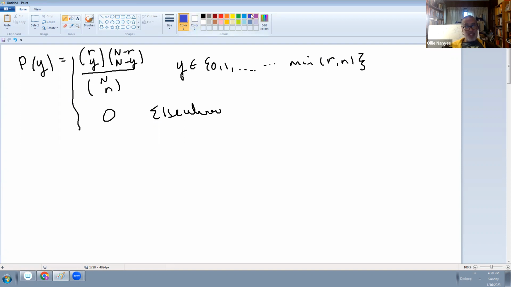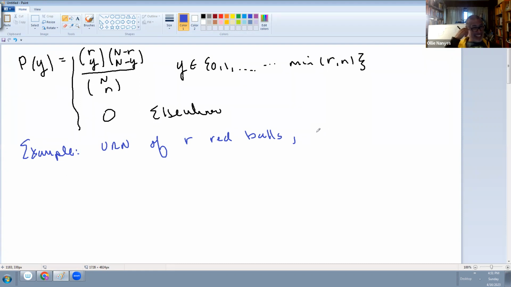Now, just to remind you a little bit how this is often used, for example, let's say we have an urn, a container of, let's say, R red balls, and big N minus R blue balls.